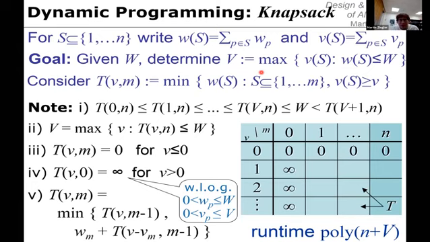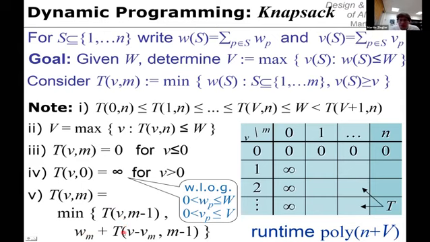Okay, and Robert has asked, why is this a bound on the runtime? That's a good question, so let's consider that. How many steps does the algorithm make? Well, the running time of the algorithm is essentially dominated by the size of the table, right? Calculating a new entry in the table is just looking up the two entries to the left of the current entry in the column to the left, adding something, and then taking the minimum of the two numbers.